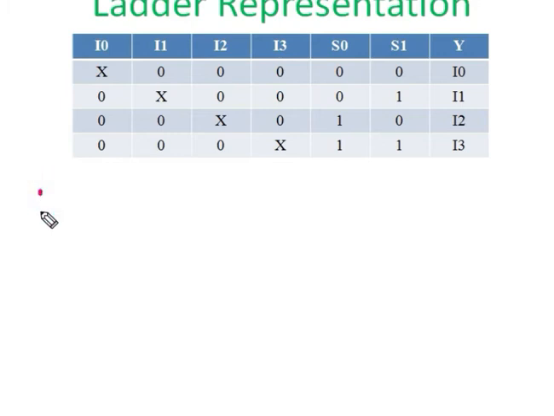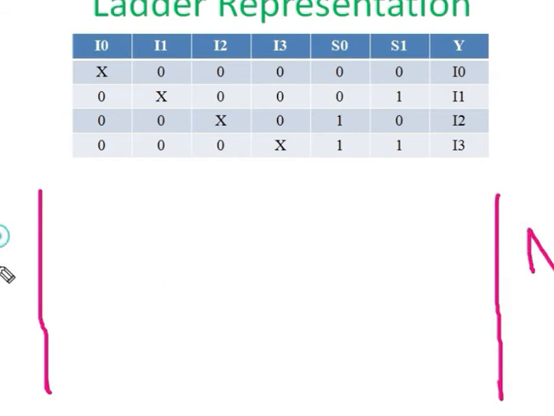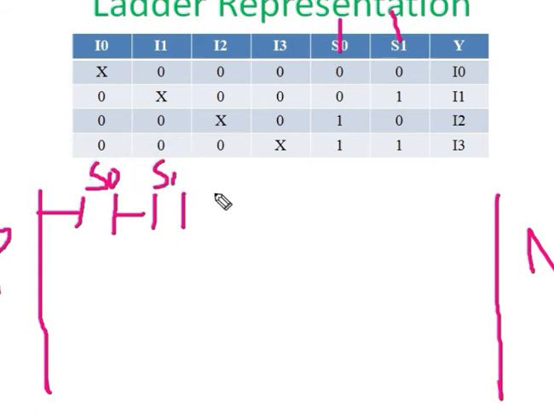See, I will take one phase, I will take one neutral. This represents neutral, this represents phase. Okay guys, this is our selection, S0 and S1. Selection is most important, guys. See, first we have to take the selection point. When I press S0, S1, see, if you want detailed information, you have to check the multiplexer circuit diagram representation.